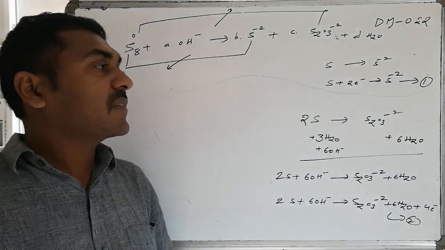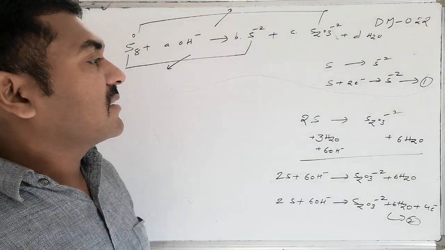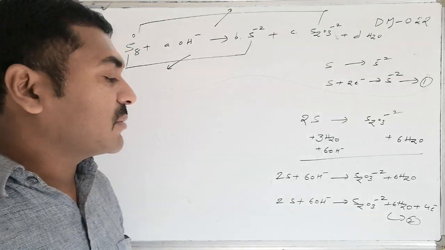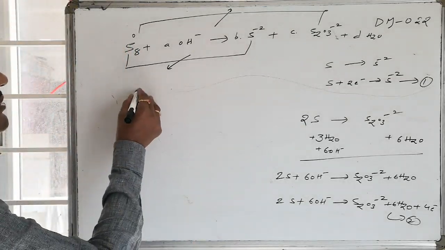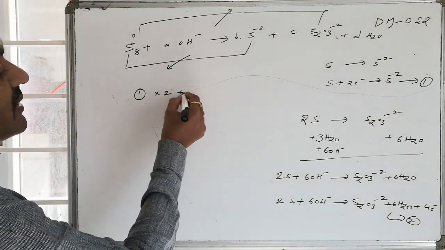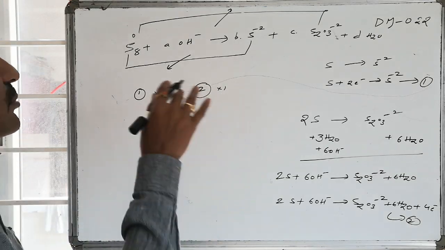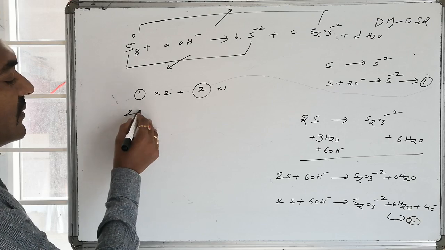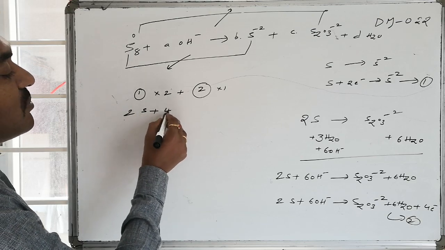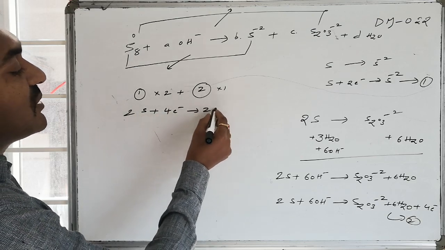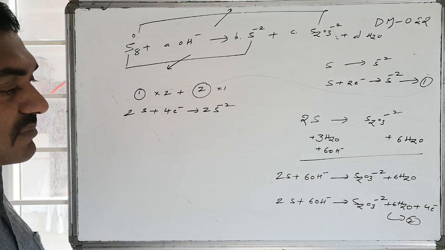To maintain the law of conservation of electrons, equation 1 is to be multiplied by 2. So equation 1 into 2 plus equation 2 into 1 are added to one another. Equation 1 becomes 2S plus 4 electrons converted to 2S minus 2.